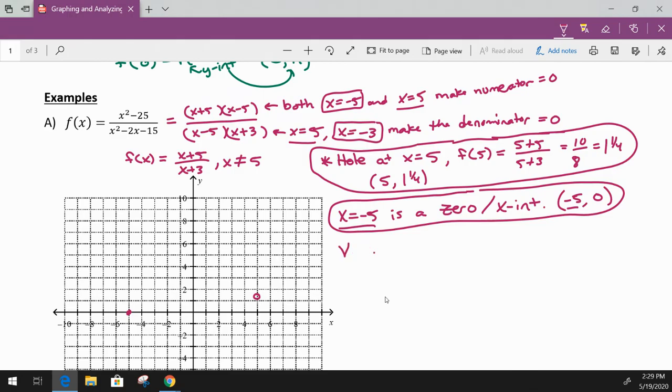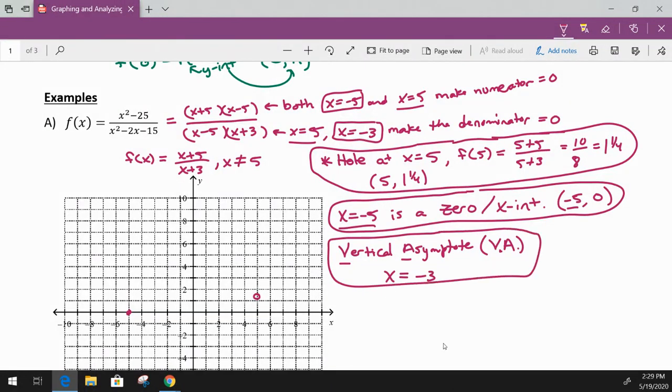I should probably write it out. Vertical asymptote, which most teachers abbreviate as VA. So VA is your vertical asymptote. Your vertical asymptote is going to be the equation x equals -3.